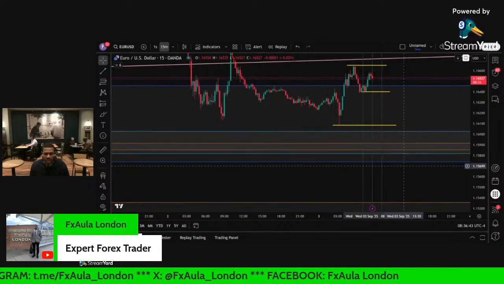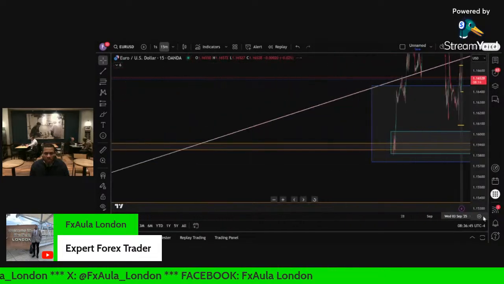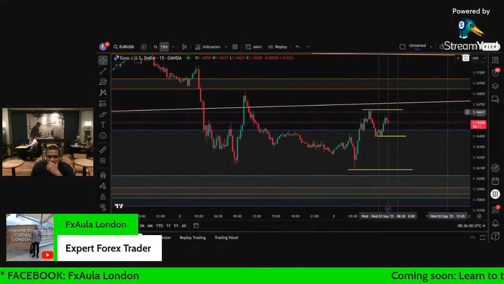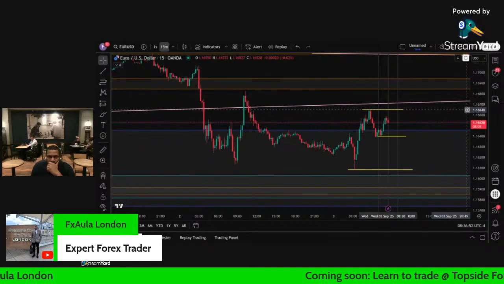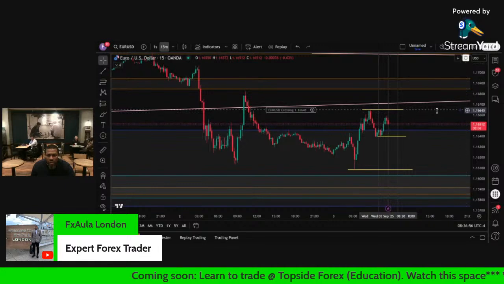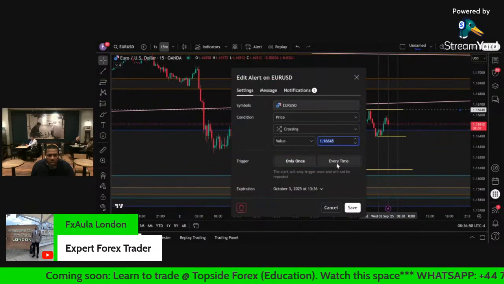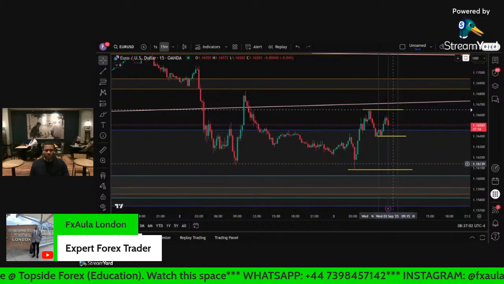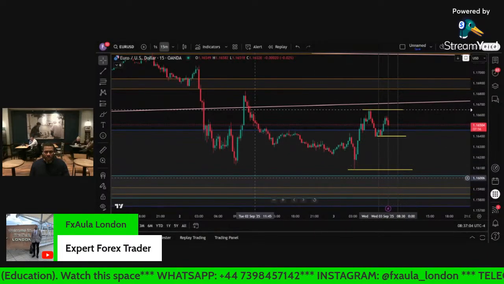And then what's my daily low? Do I have my daily low? So I go to the 1 day quickly. First of all, I'll put an alert here so I'll be notified if price reaches here.